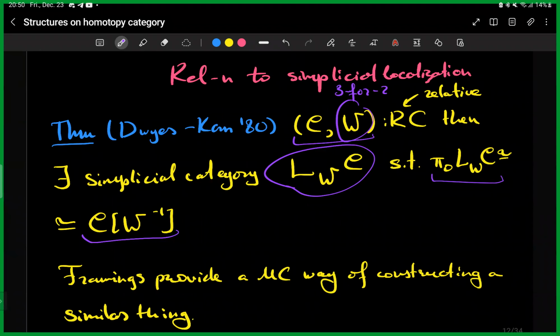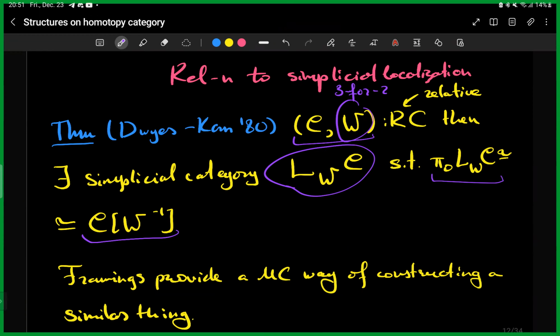Instead, we just directly arrive at a homotopy category with an action of the homotopy category of spaces. So it is not quite equivalent, because as a result of this we don't necessarily get a simplicial category, we get a homotopy category with sort of a shadow of a simplicial category.